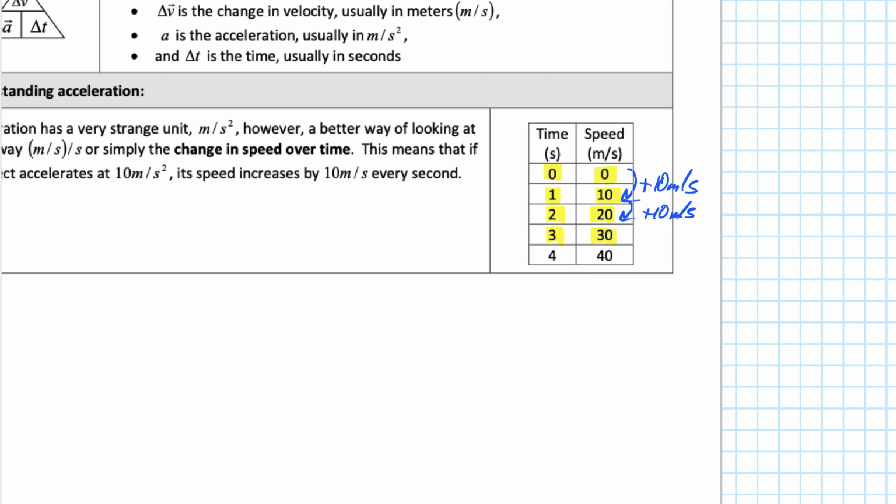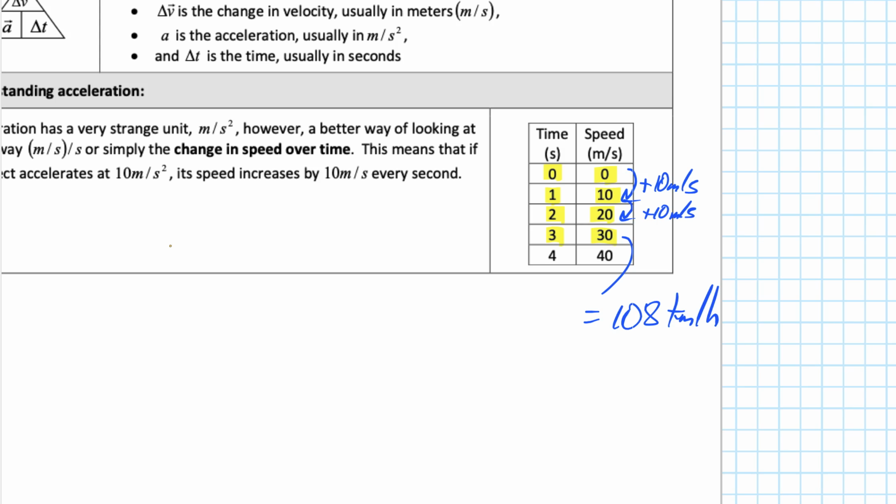Just to give you some context of what 30 meters per second is, 30 meters per second is equal to 108 kilometers per hour. So this would be going from 0 to 108 in 3 seconds. Incidentally, this number, 10 meters per second squared, is actually a very close approximation to what the acceleration due to gravity is.